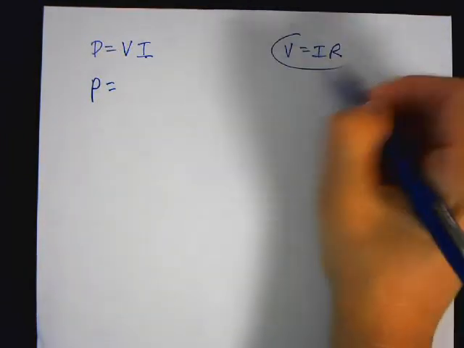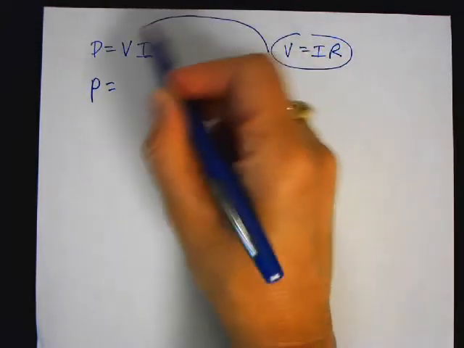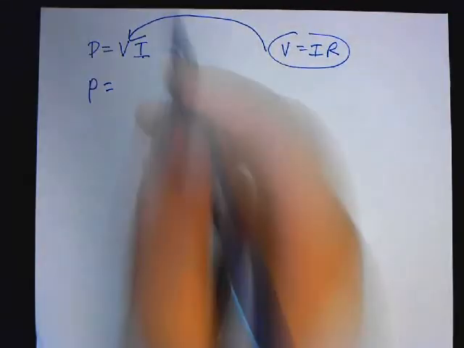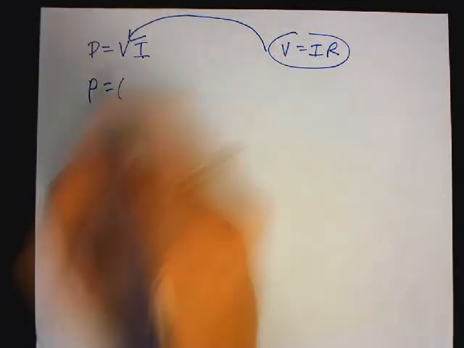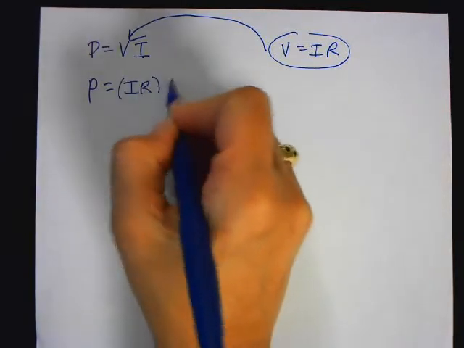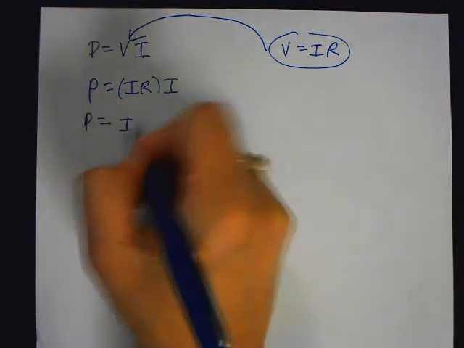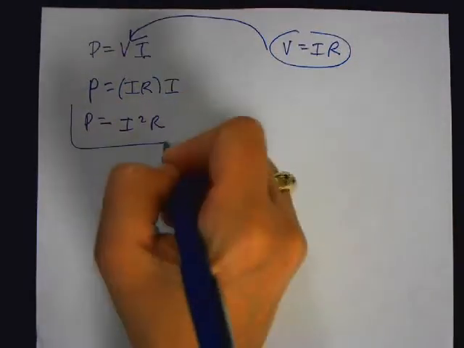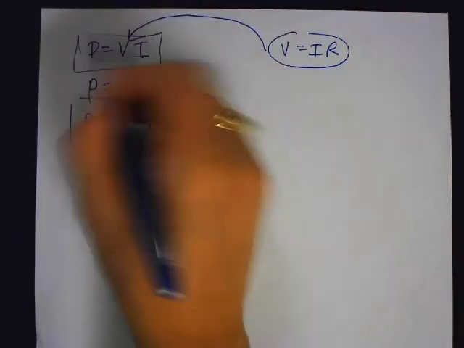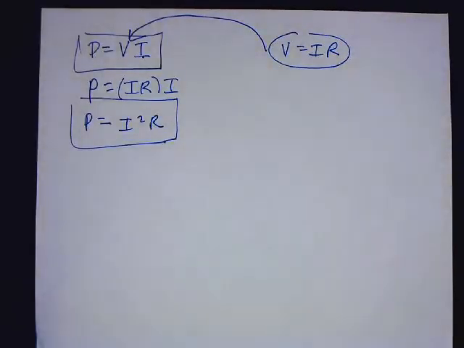If I take this information and substitute it back in here, so instead of V, I write IR times I, then I get P is equal to I squared times R. So you see how these are equivalent? Does everyone see that? Okay, so that's what I want to show you. That's why there's two equations for power.